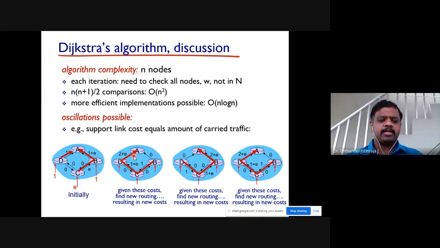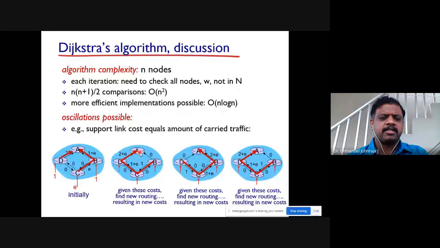For instance, from router B to router A, this is the shortest path, but it always goes this way for the least cost path in the second iteration, right? Look at this, B to A, only one hop, but here the packet is sent this way because it is searching for the least cost. The understanding is here it is 0, 0, 1, but here it is 1 plus E, and hence the packets were going this way.